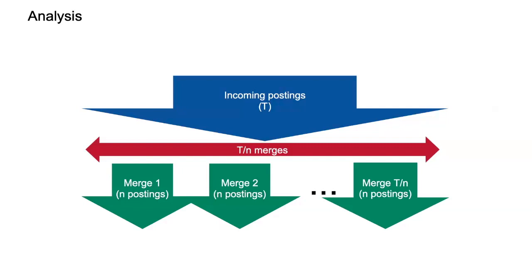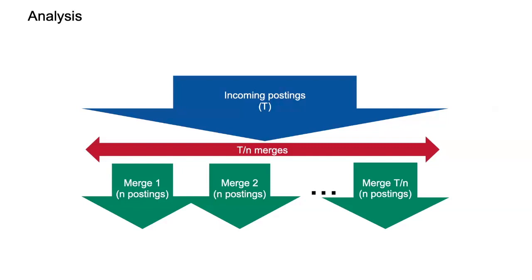T is typically used for the number of non-positional tokens, the ones that come from the original documents. Now, we periodically merge the auxiliary index into the big index.